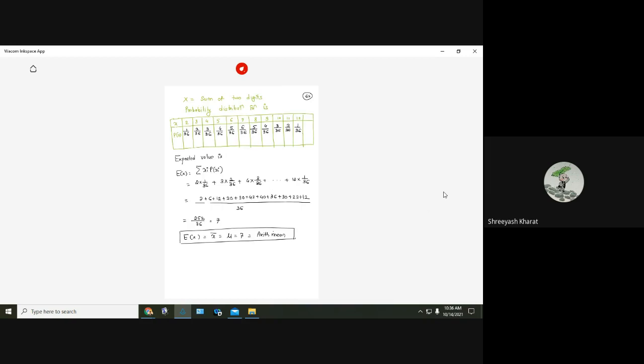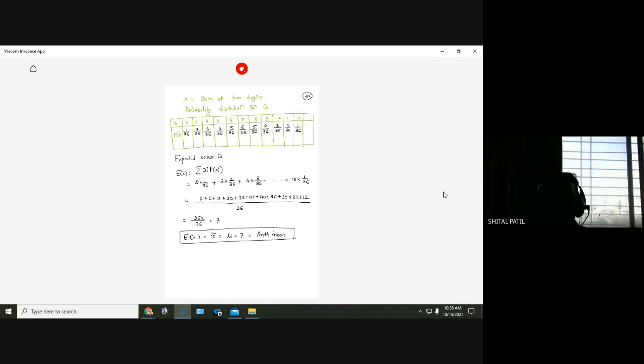Okay. But see, you might have observed one thing. Whenever we are considering the value of a random variable, if you consider the previous example or this example, see what the values are: 2, 3, 4, 5, 6.